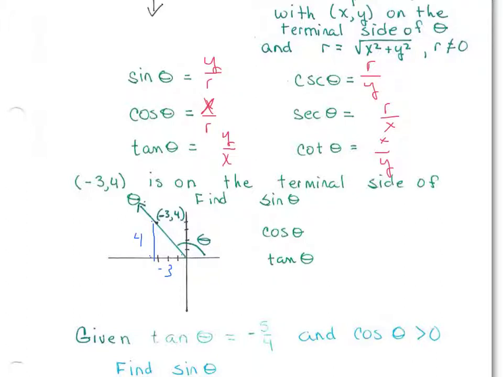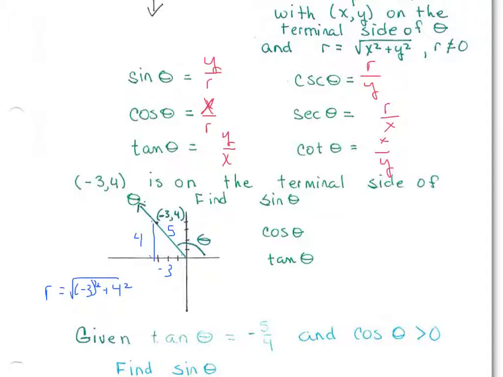And so what is r? 5. r is 5. And if you don't know that right offhand, you could always find that by taking the square root of -3 squared plus 4 squared. However, those are numbers that come into play a whole lot, and so that's 5.